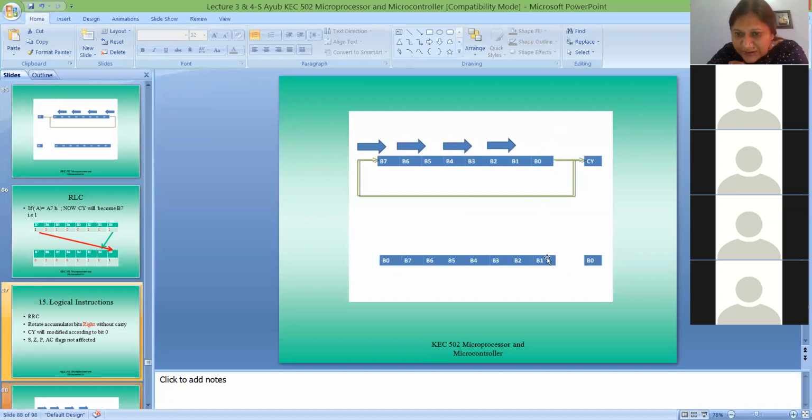B1 will take over here, B2 will take over here, B3 will take over here, B4 will take over here, B5 will be here, B6 will be here, and B7 will be here, and this position will be empty. So the B0 thrown out from this place will occupy the position of the B7 bit, and the carry flag will also take the position of the B0 bit. So this is how your rotate right instruction works. We'll see one example.